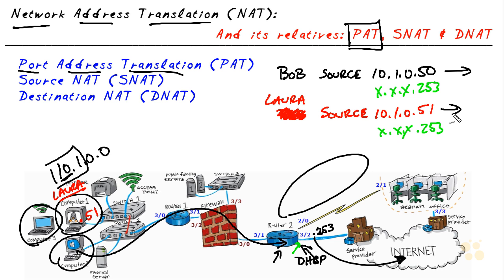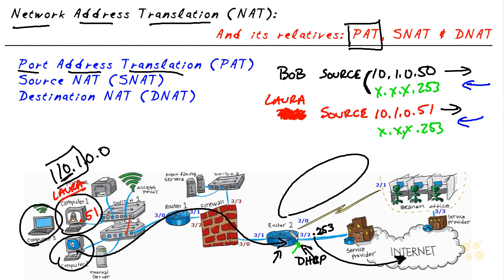Now, one of the challenges is, if Bob is going out to the internet and Laura is going out to the internet, it's very likely we're going to have replies coming back from the internet. So those replies, as they come back, router 2 needs to do a very good job of keeping track to make sure that the correct response goes back to the correct client. And the way it tracks these translations using PAT is by also including port information.